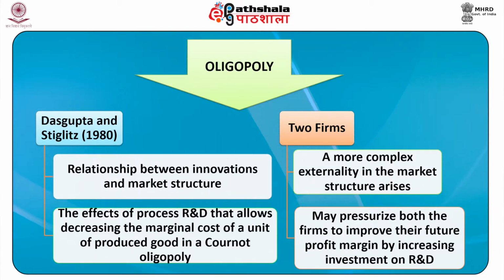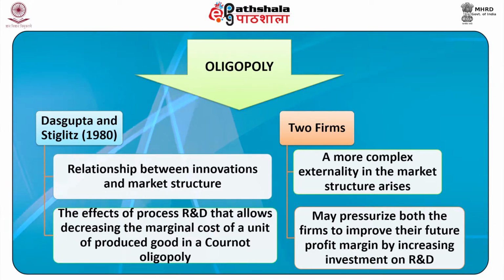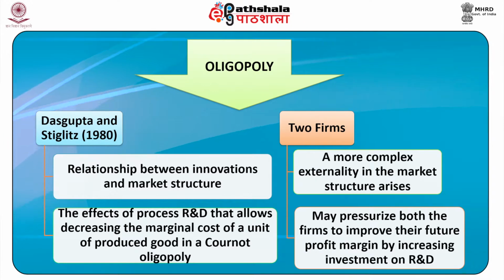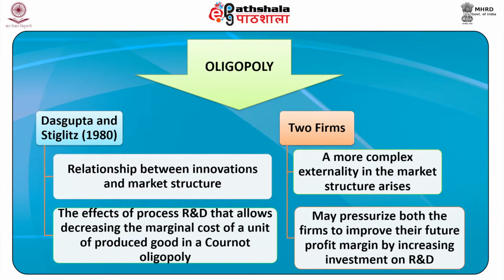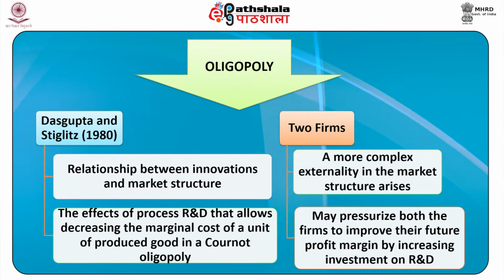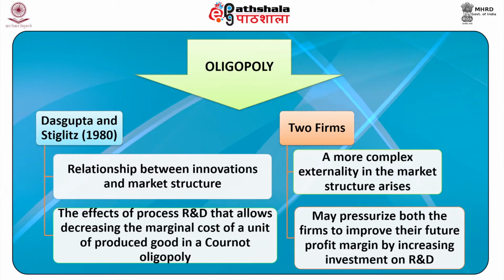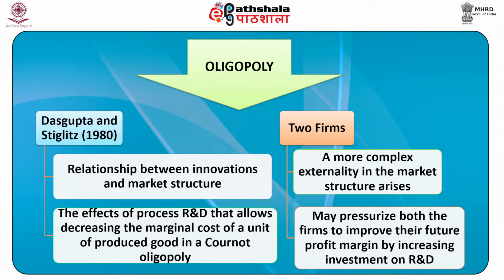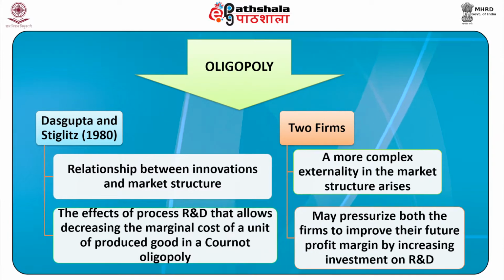When there are only two firms in the same market, they enjoy spillovers of knowledge. The supply strategy and upcoming stock of knowledge are directly influenced because of peer pressure. In this way, a more complex externality in the market structure arises. This kind of complex externality enhances the growth rate of the market.